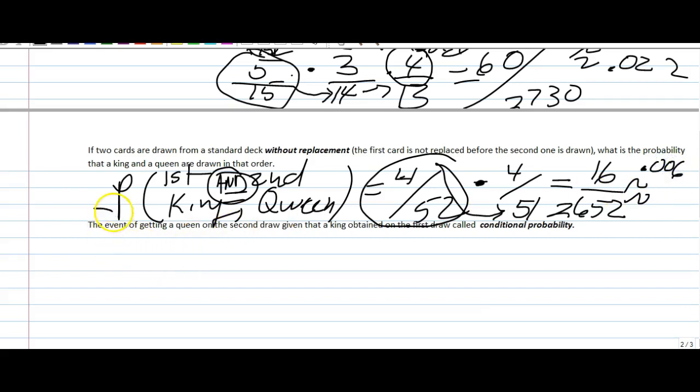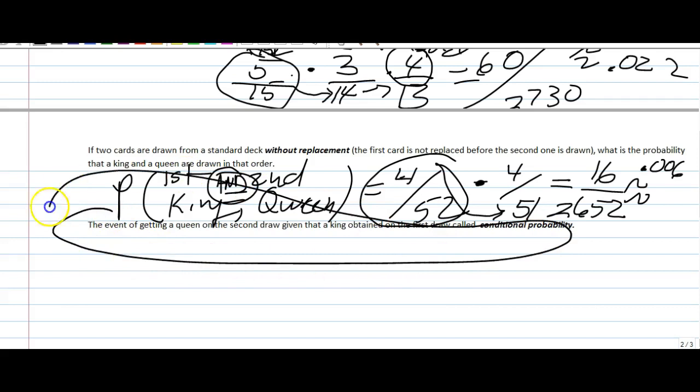Now this is called conditional probability because when I determine the probability of getting a queen, I'm assuming that I've already attained the king on the first draw. So the probability of getting a queen is conditional upon the fact that I've already drawn a king on the first draw.